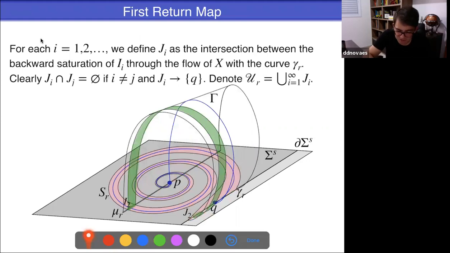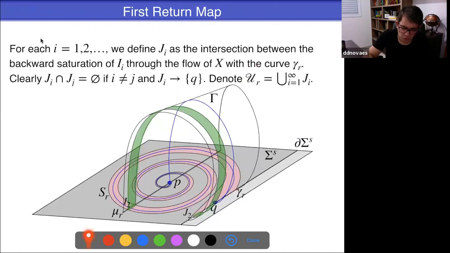And for each one of these J's, we have well-defined the first return map. So if we take UR as the union of all J's, we have a first return map defined in a non-connected set. Okay.